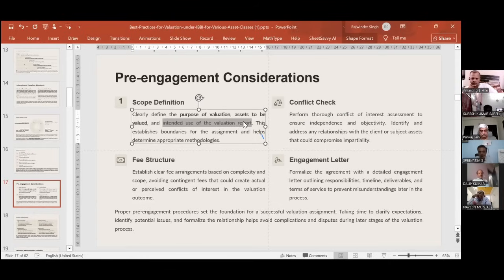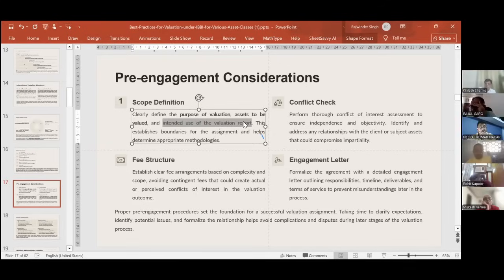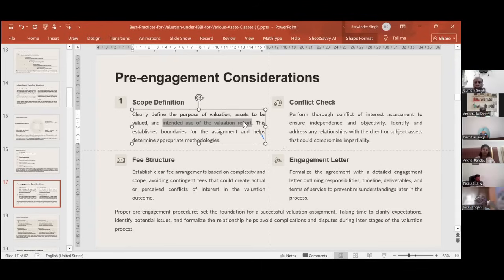So these three things are important before starting the work: purpose of valuation, assets to be valued, and intended use of the valuation report. So this establishes boundaries for the assignment and helps to determine the appropriate methodologies you have to choose.